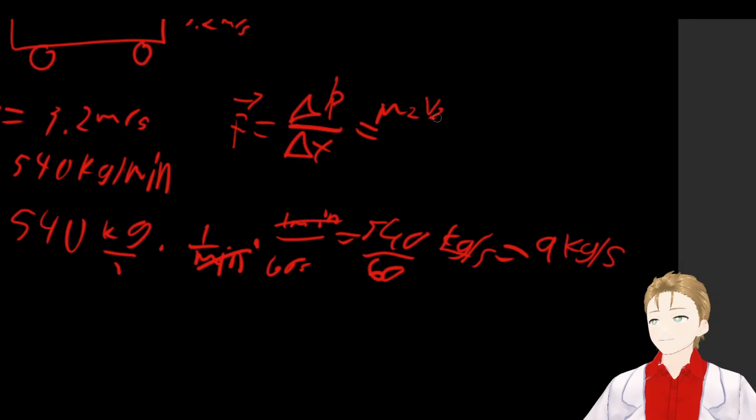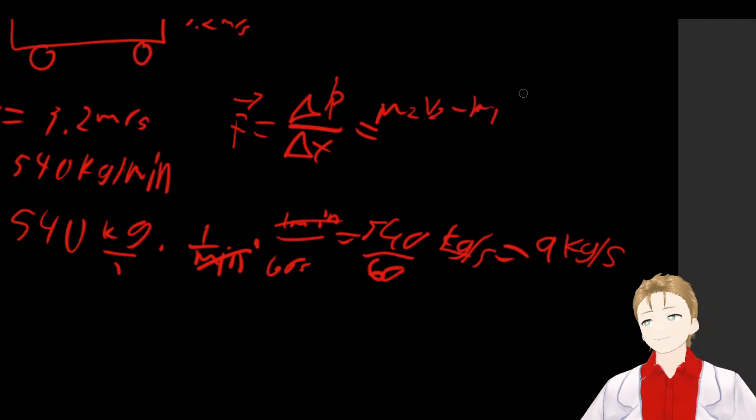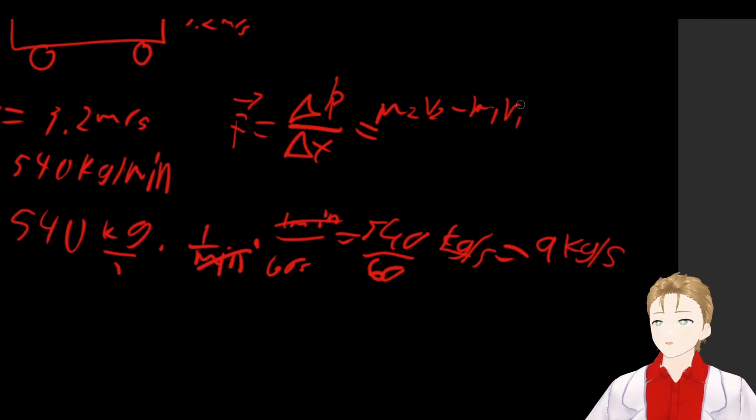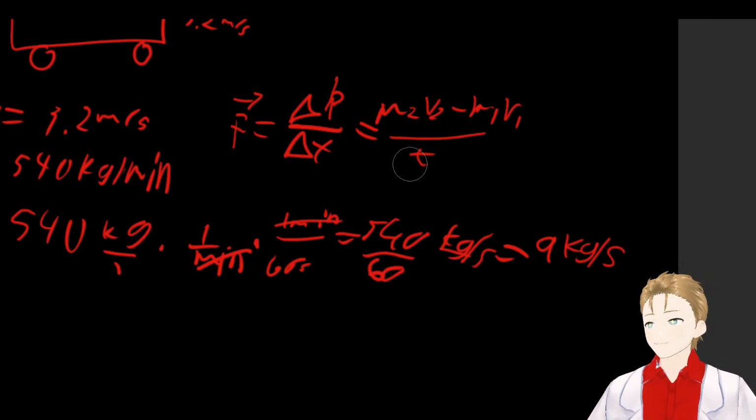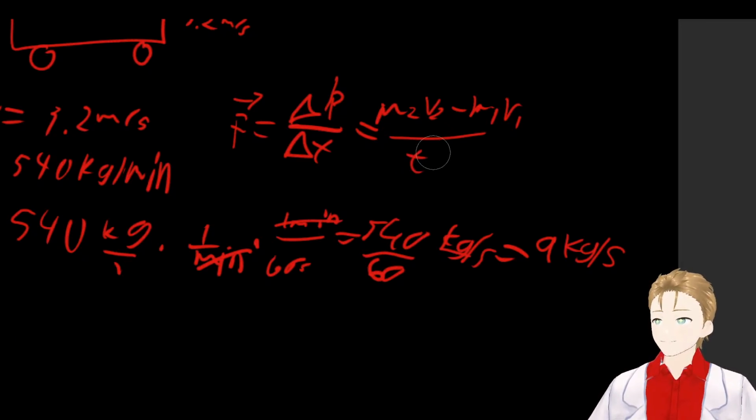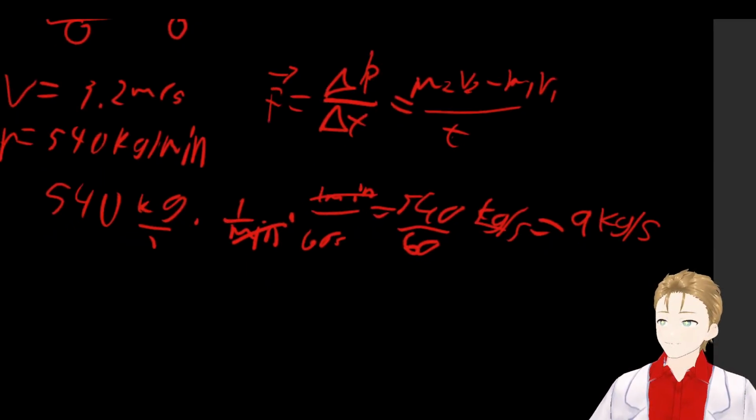So there's velocity 2 minus velocity 1 times mass. Wait, yeah, right.